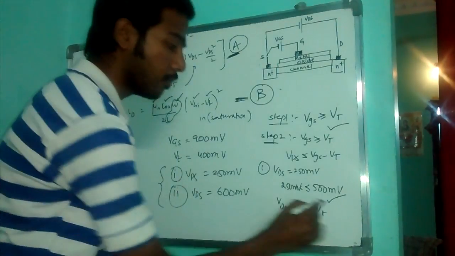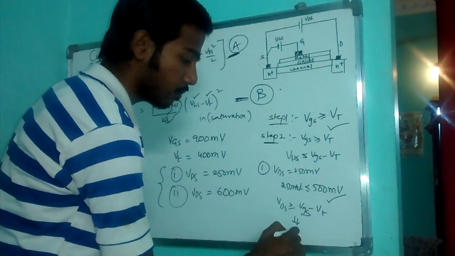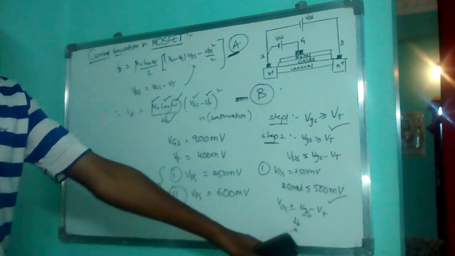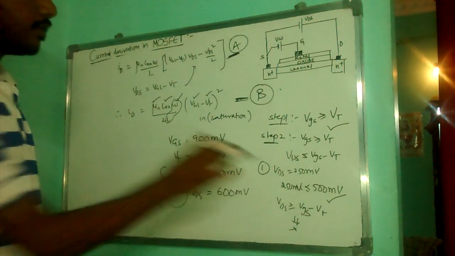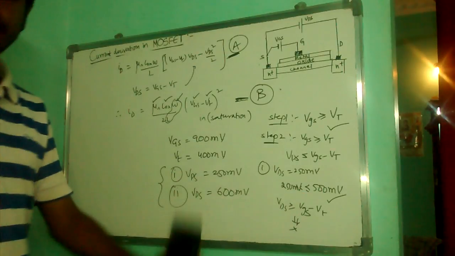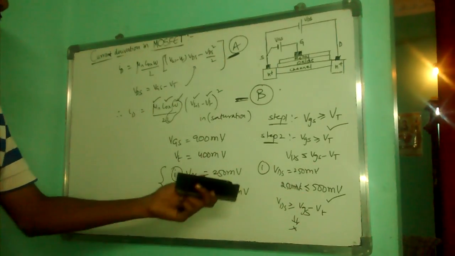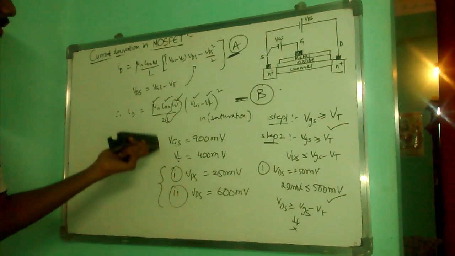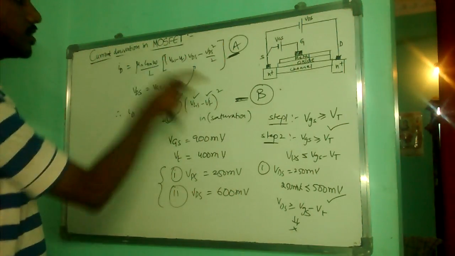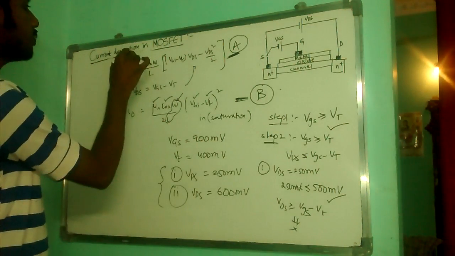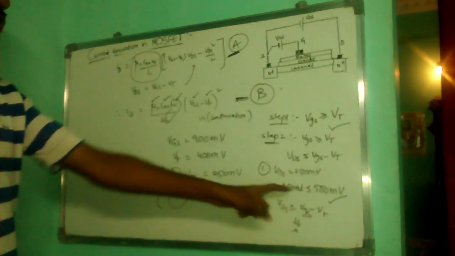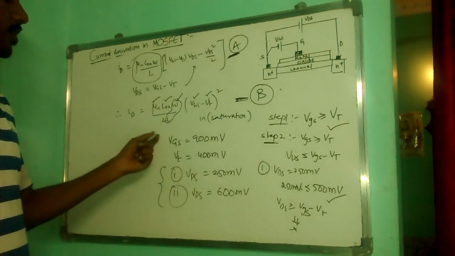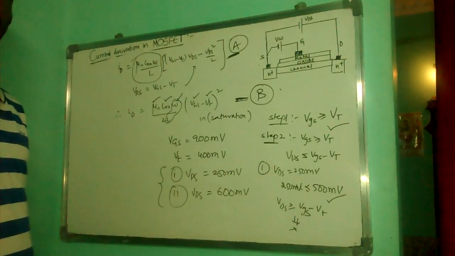Whenever this condition fails and this condition is successful, the MOSFET lies in the linear region. Now you can find ID by substituting in these equations. This constant will be given as some 130 volt per meter square hour. Substitute the VGS, VT and voltages to get ID.